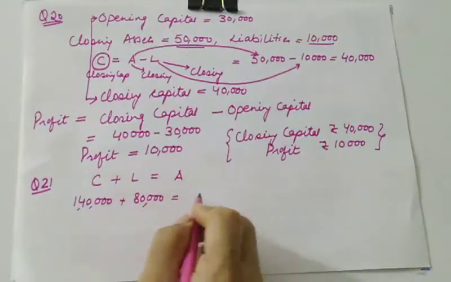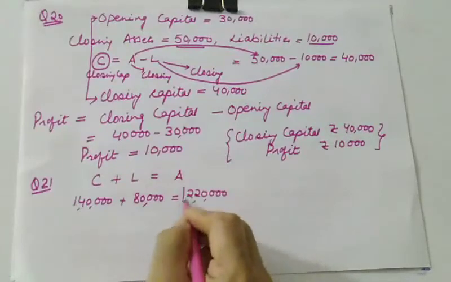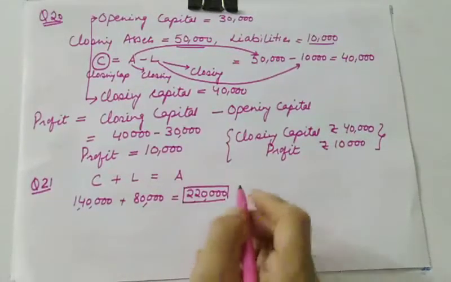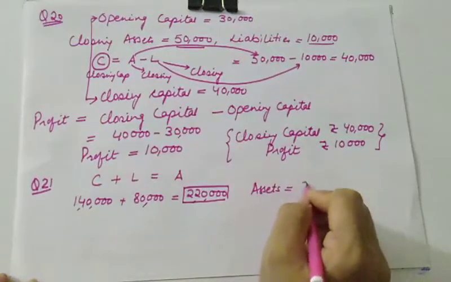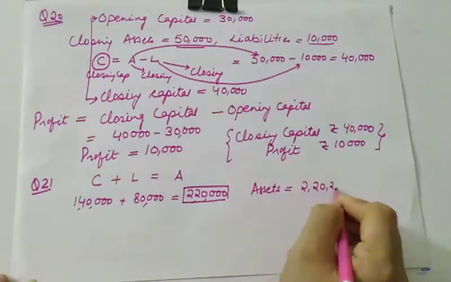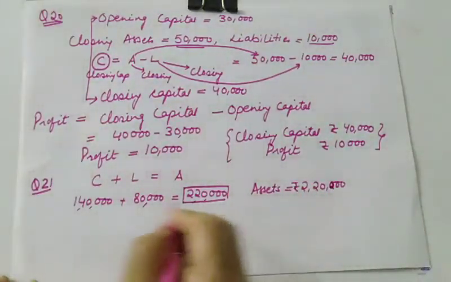So assets will be 2,20,000. So the final answer is assets are equal to 2,20,000, and you can put the rupees sign also.